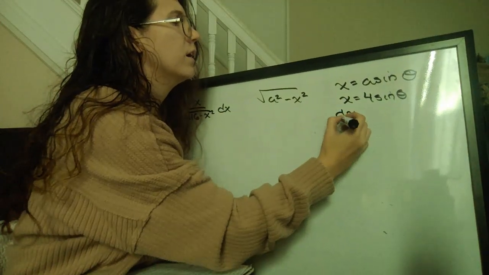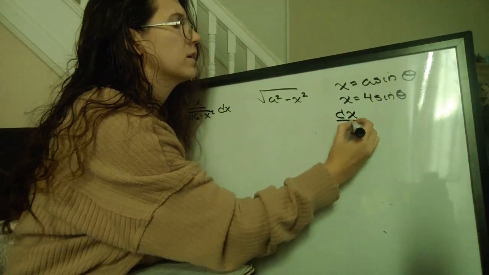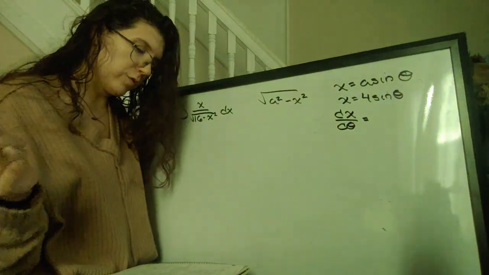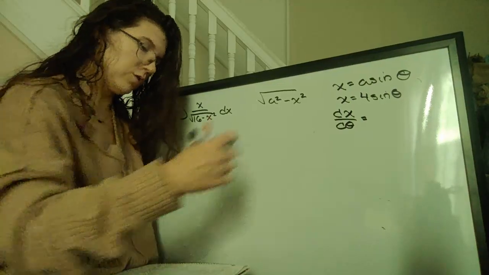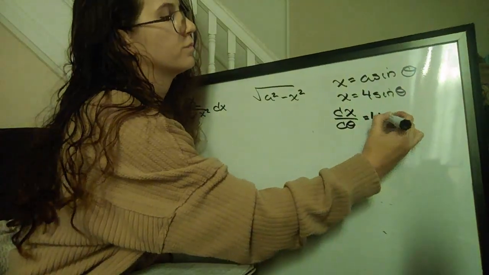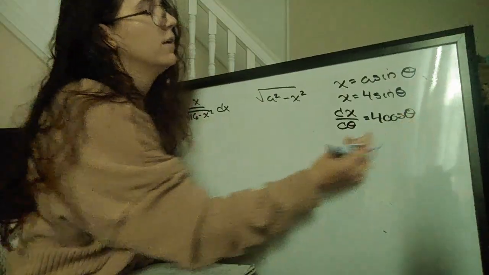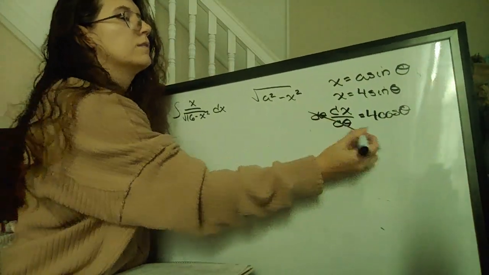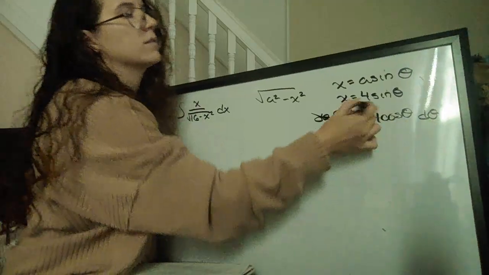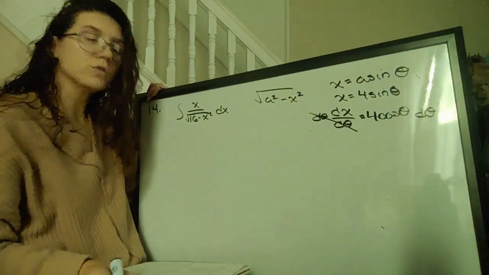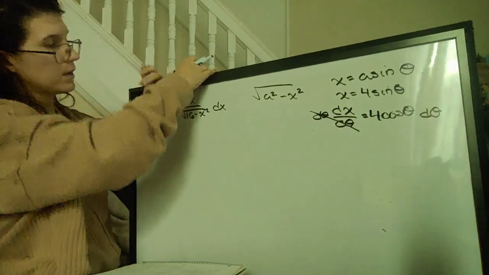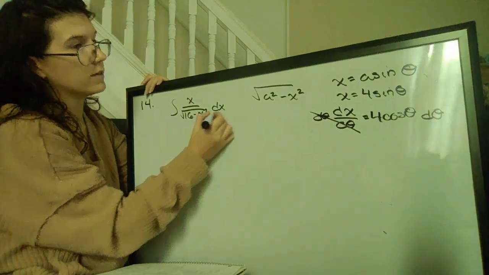So we have dx d theta equals, derivative of sine is cosine, so this would be 4 cosine theta, and then if we just want dx, we would multiply by d theta on both sides, and that's how we get that. So now we can actually substitute these things in because I have an x here, and a dx here.